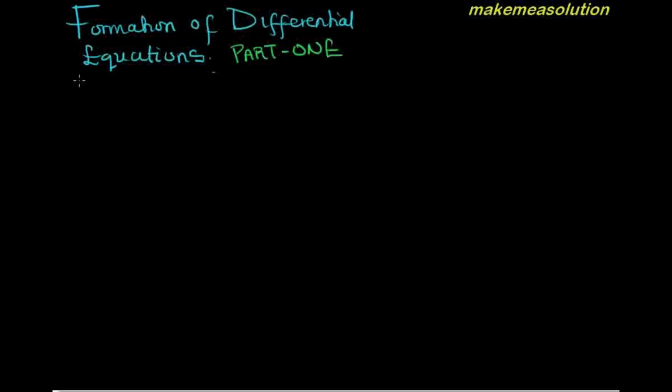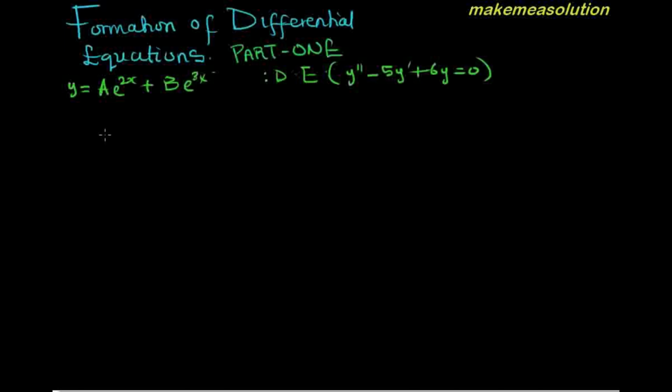Okay, so previously we got, from y is equal to a exponential 2x plus b exponential 3x, our differential equation to be y prime prime minus 5y prime plus 6y equal to 0. So I want to show you another way of getting it. So I'm going to call this one using the determinants method.